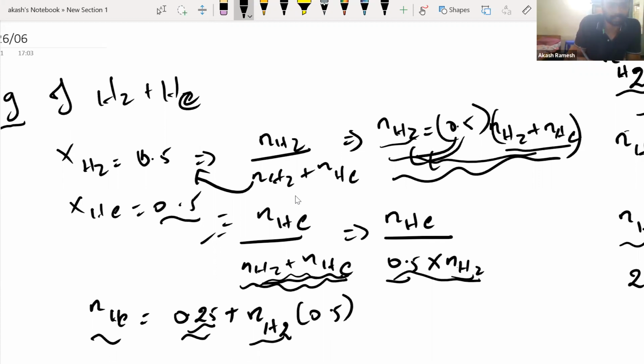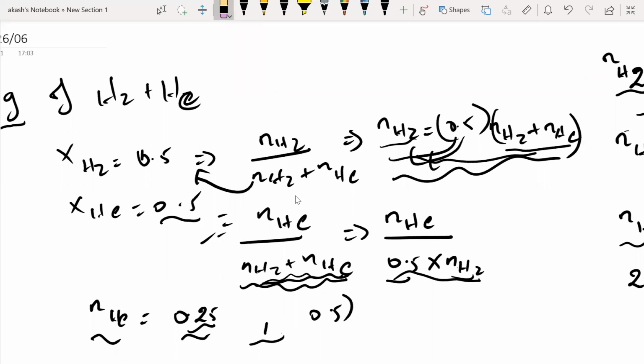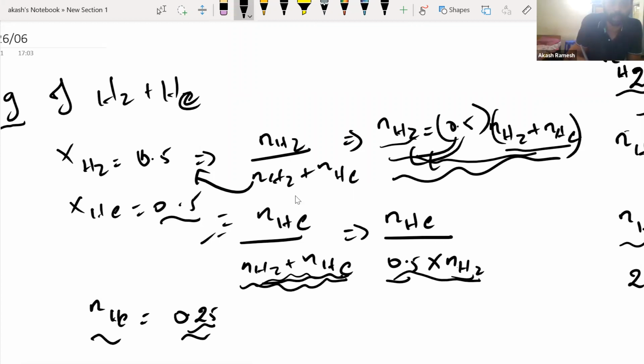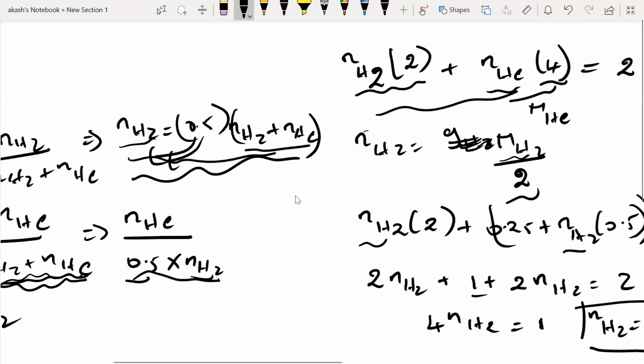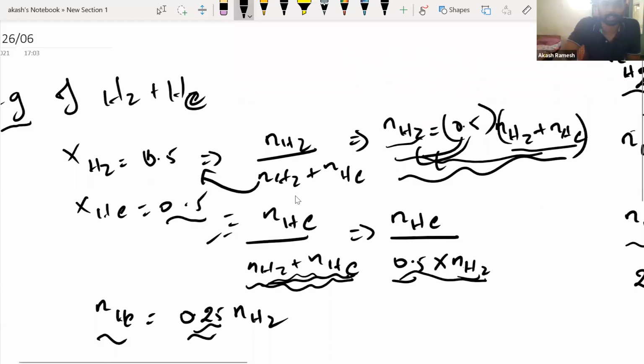Right. So if that's the case, what will happen? Number of moles of helium would be 0.25, sorry, 0.25 into number of moles of H2. So this entire thing is wrong, sir. So this should be 0.25 into number of moles of H2. That's it. Sir, actually, I got the correct answer, sir. Let me check.